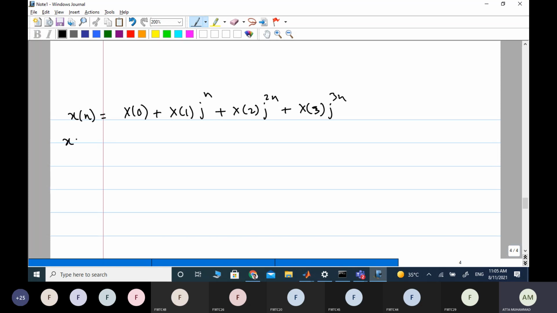Now it's time for x of 2, that is equal to 1 by 4 of x of 0, I almost forgot 1 by 4, plus x of 1 j square, plus x of 2, now 2 times 2 is 4, plus x of 3, and 2 times 3 is 6.